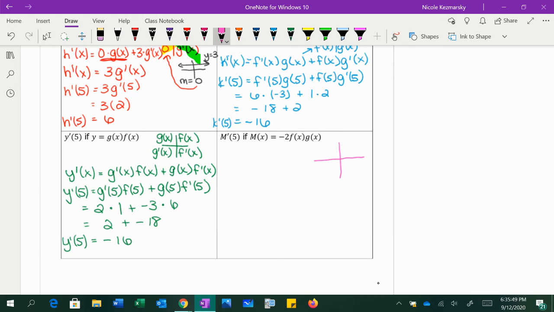Instead, I'm going to put the negative 2 with the f of x, because we saw with some of the previous examples that had the 3 in front that we can do that. So I'm going to take negative 2 f of x as one function, g of x as the other function. The derivative is going to be negative 2 f prime of x and g prime of x.